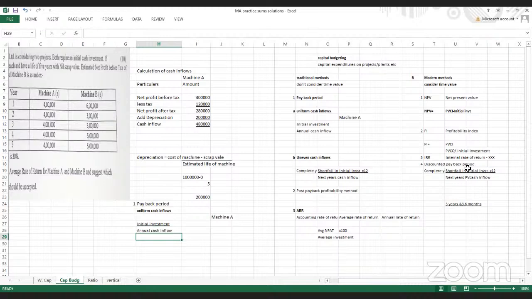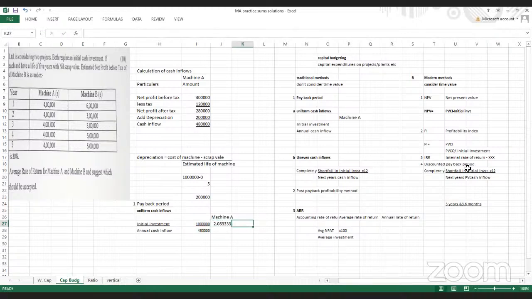So initial investment is 10 lakhs, right? And 10 lakhs divided by annual cash inflow for machine A, which is 4,80,000. We just calculated 4,80,000. So divide this and we get the payback period for machine A. 10 lakhs divided by 480 is 2.08 years.